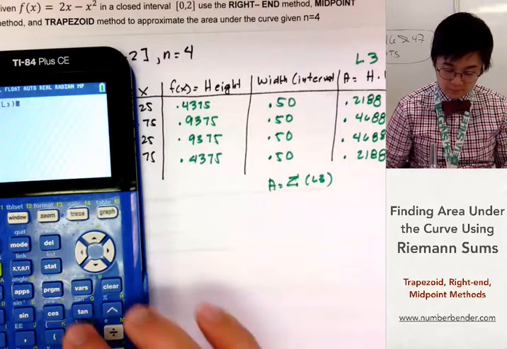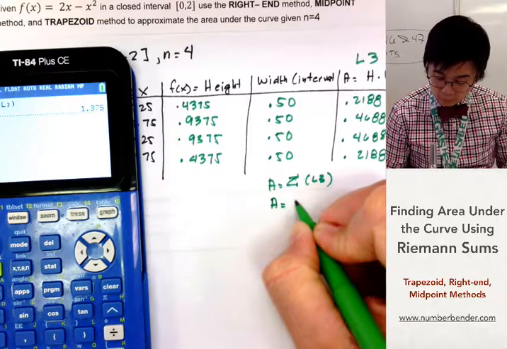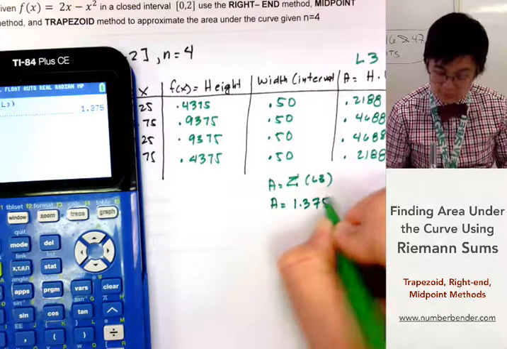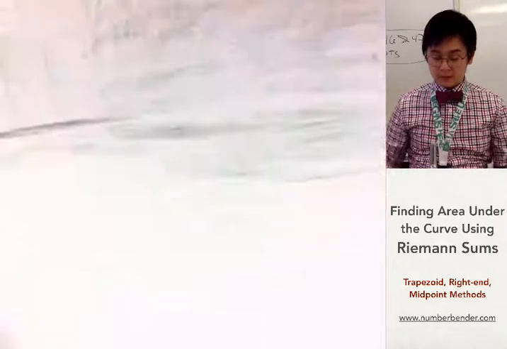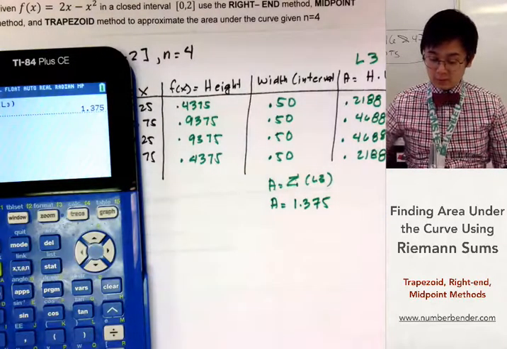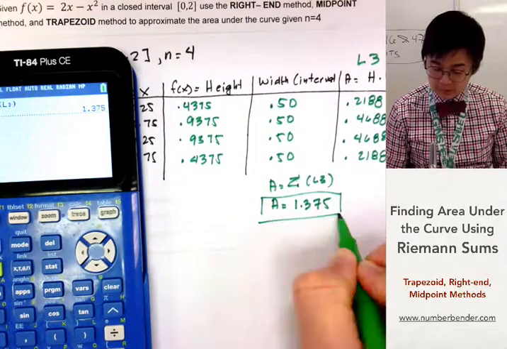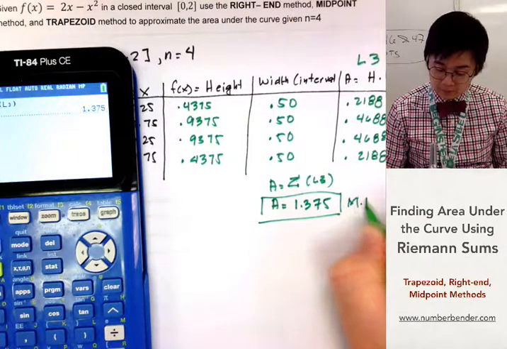Second function 3. At ang area natin ay 1.375. Yung nauna nating area is 1.25. Yun yung approximated area using right-hand method. Yung pangalawa naman is 1.375 using the midpoint method.